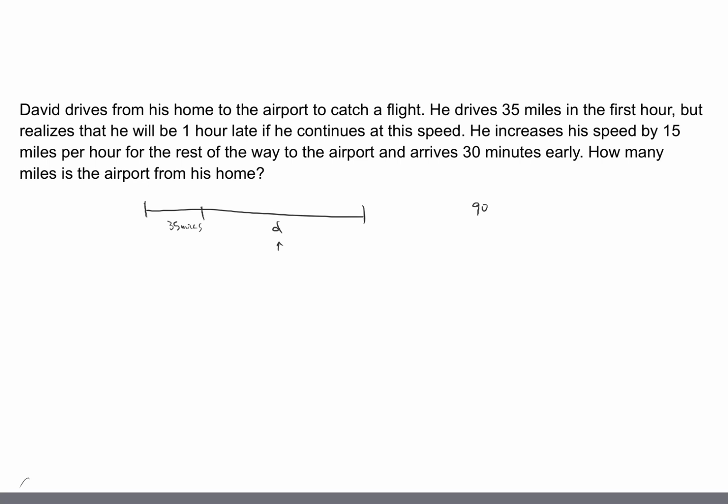The difference is 90 minutes, right? 60 minutes late plus 30 minutes early is 90 minutes. So 90 minutes is the difference, right? So I'll just let you guys think about that for a little bit longer. And then put a yes in chat when you want me to go over the equation or the answer.